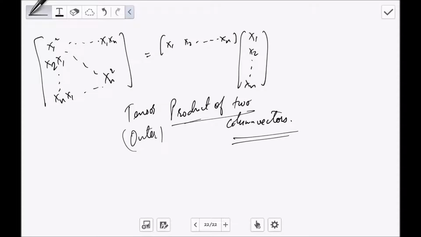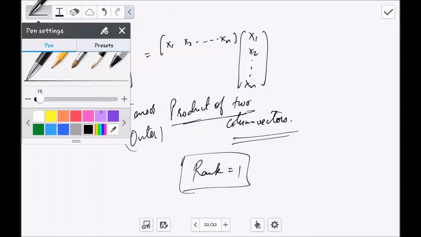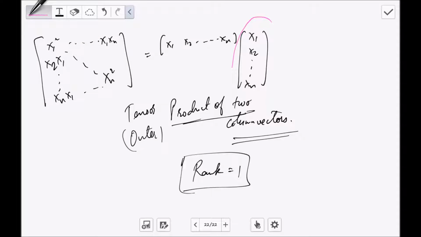Since we are able to write it this way, its rank is 1. There is no new information other than just this vector. This vector has been scaled several times and placed in this matrix.